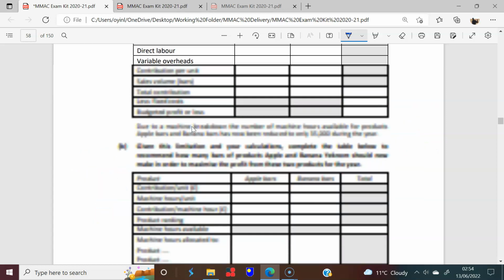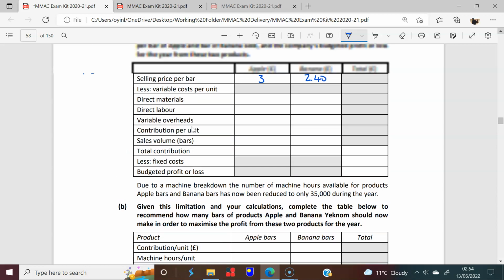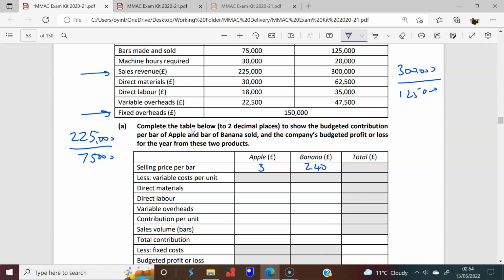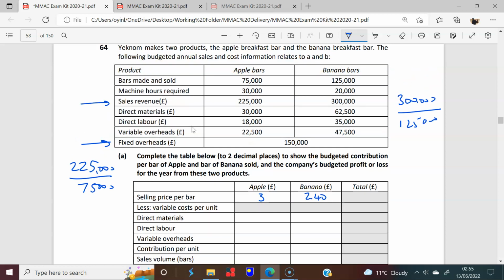Now, in terms of variable costs, we are given material, labor, and variable overheads. In terms of materials, if you're making 75,000 and your material is 30,000, we're doing exactly the same thing. 30,000 divided by the 75,000 is equal to 40p.